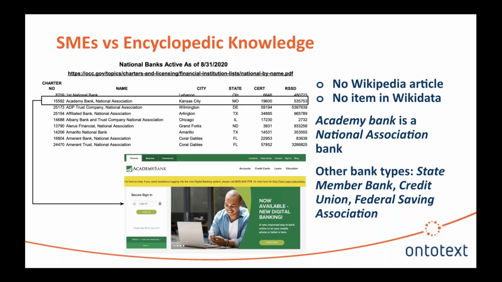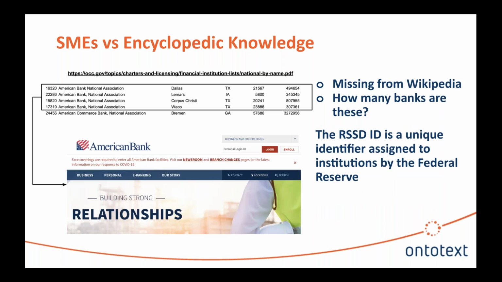Let's take another example. What is the American Bank? It's also a national association. It's also missing from Wikipedia. But the question is really, is this a single bank, or are these 4 different banks?